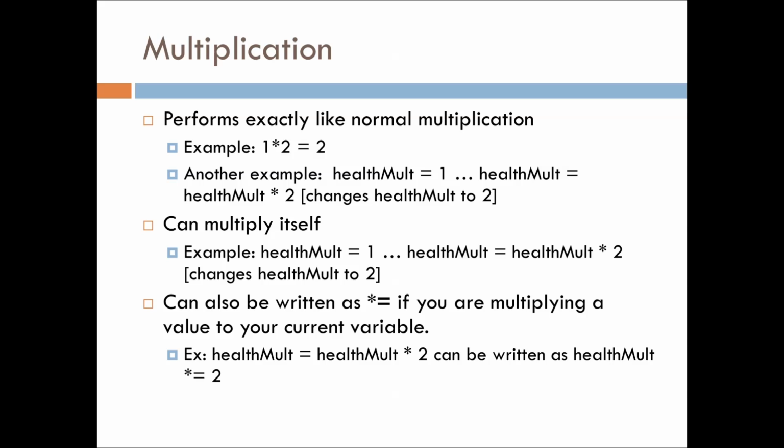And you can also rewrite that as times equals. So health multiplier times equals 2 is the same thing as health multiplier equals health multiplier times 2. And again, all of the same considerations when using times equals, as opposed to equals the variable times the new value.